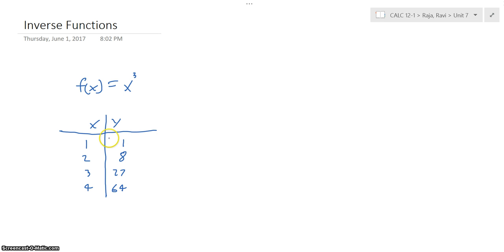But then, say the inverse of this would be 1 over x cubed, which if we write that out would be the inverse of x is equal to 1 over x cubed. Or another way to write it is just x to the 1 over 3.